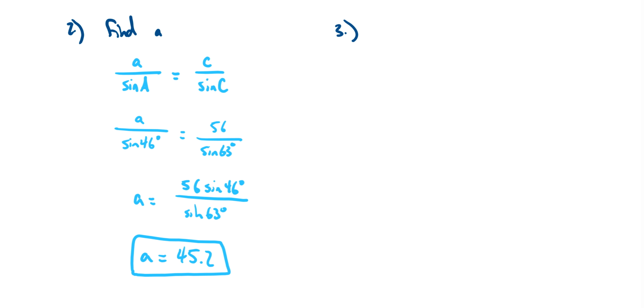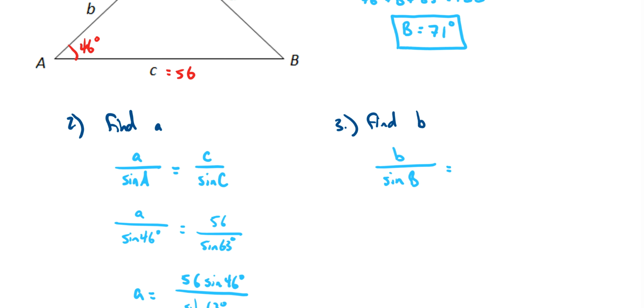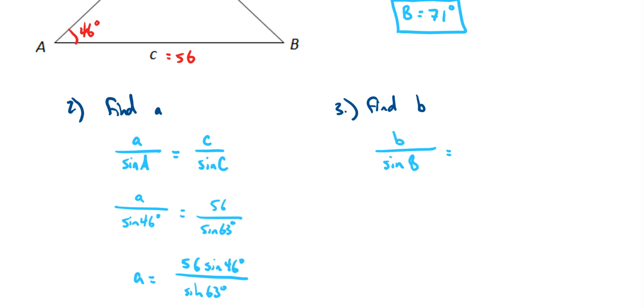And then the last step here is going to be to find side B, which once again is going to be using law of sines. So B over sine of B. And then once again, this is where we have another choice to make. We can use A over sine of A or C over sine of C. It actually doesn't matter. You can use whichever one you want.